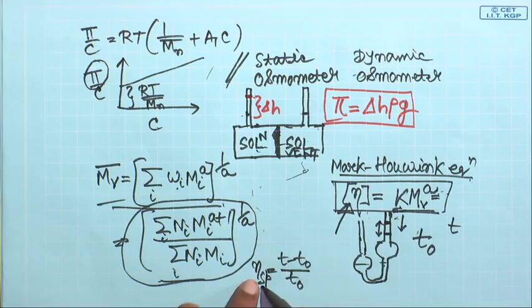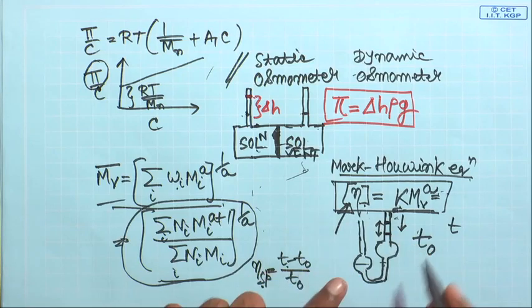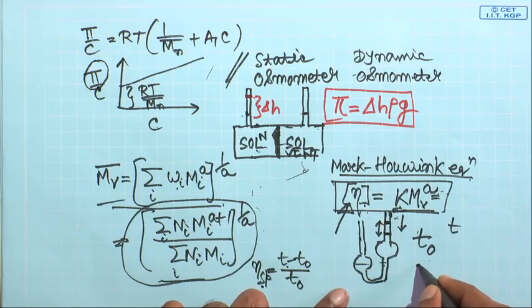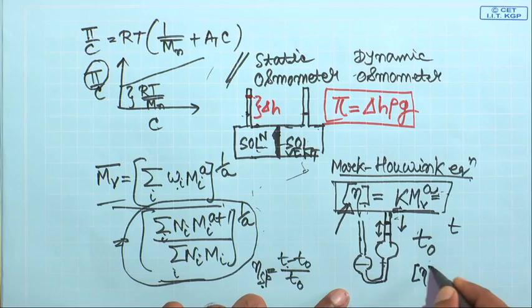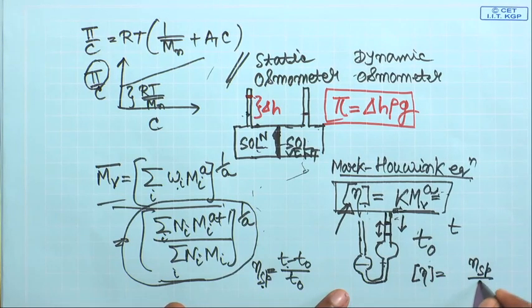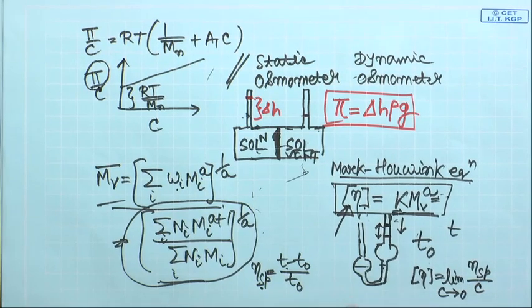The specific viscosity is related to the intrinsic viscosity by this equation: the intrinsic viscosity is equal to eta specific divided by the concentration, in the limit where C tends to 0.